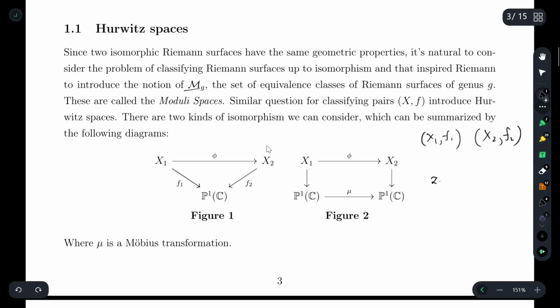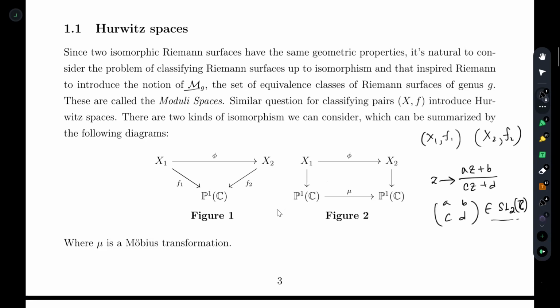That means it's of the form (Az plus B) over (Cz plus D), where A, B, C, D is inside SL_2(C). Yeah. So is this definition clear? Yes. Okay.